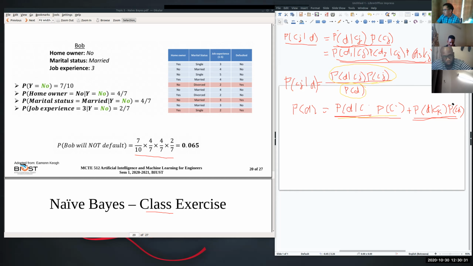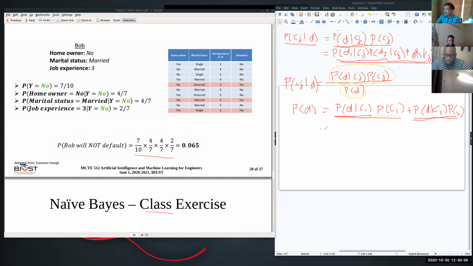And then this is the yes, it will default. Bob will default. Anyway, if I draw it, C1 is the no, he will not default, and C2 is the yes, he will default.